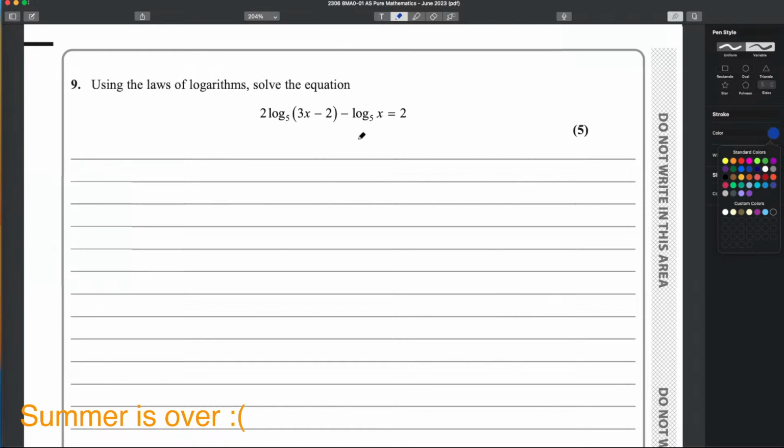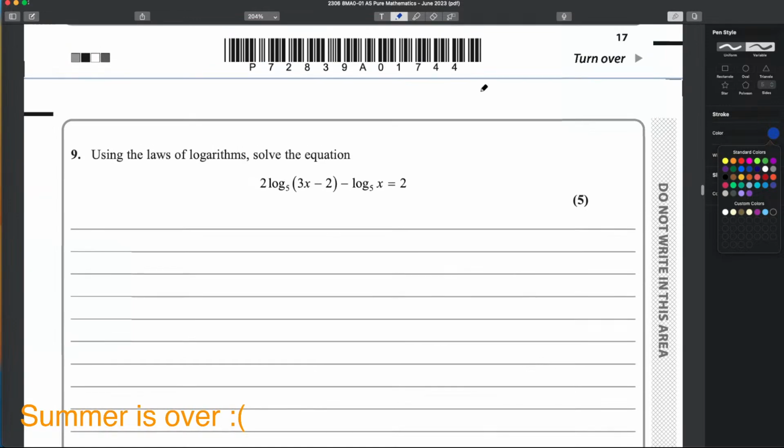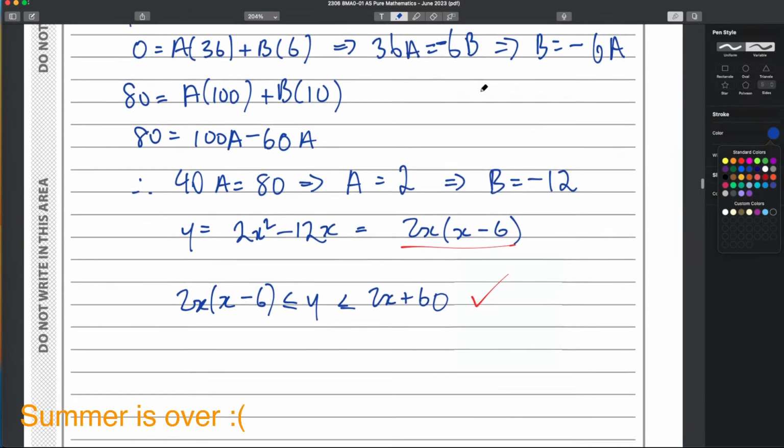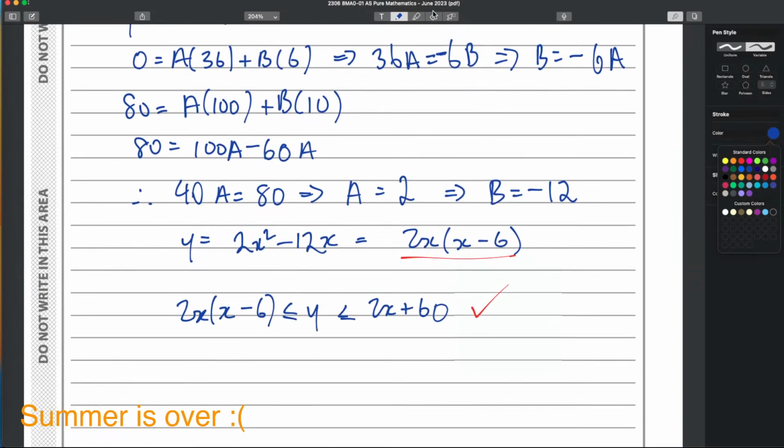Couple things we can do here. Negative 6b. Yeah, that's right, because I factorized the 2x out. Oh, you mean here?